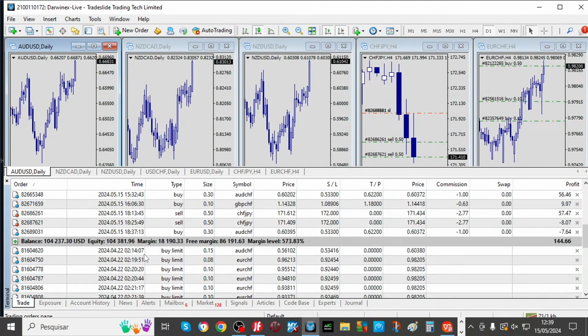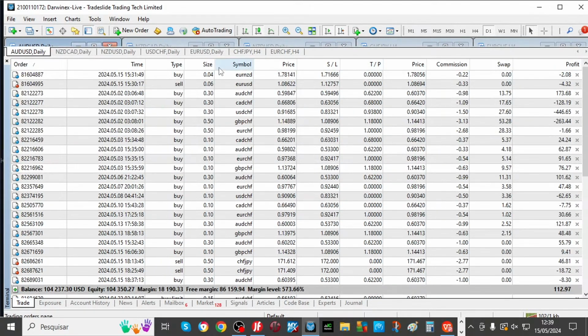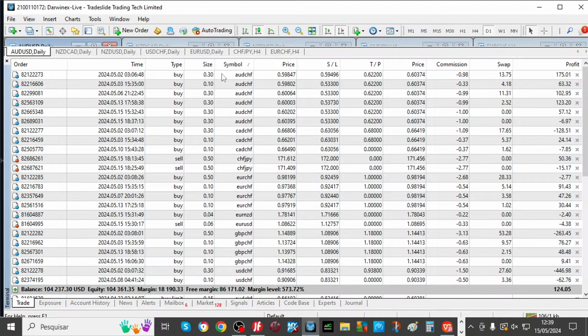Don't bother with charts, bother with symbol.